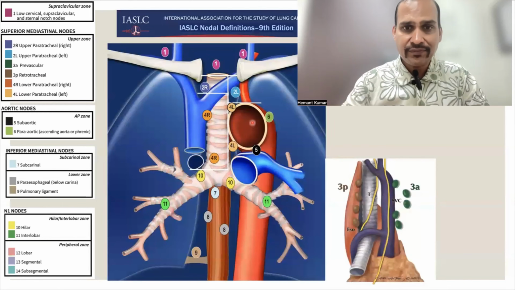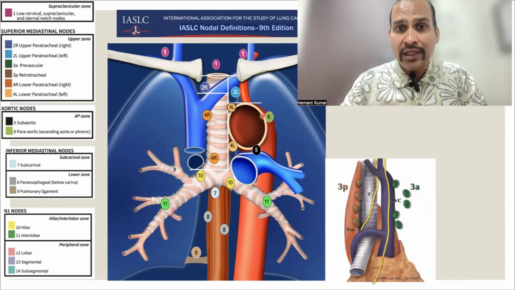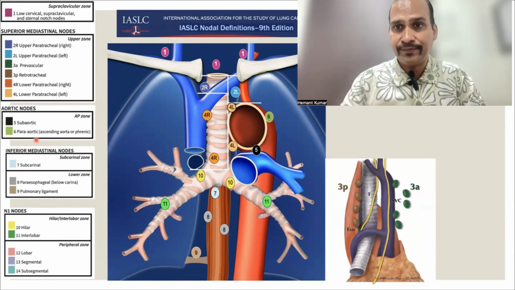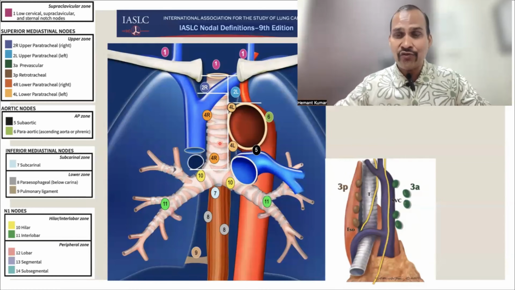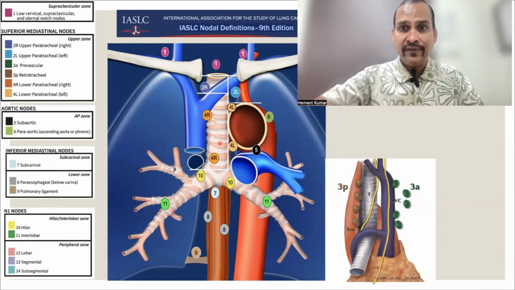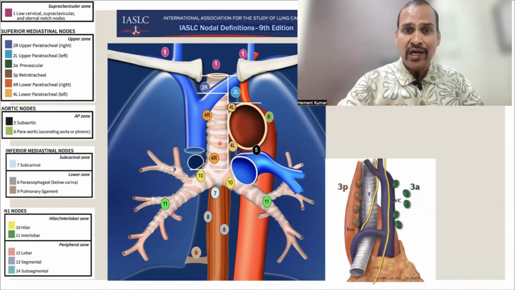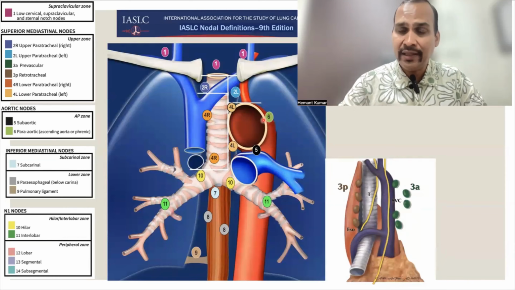How to see? So this is arch of aorta. So the lymph node along the aorta is lymph node station 6, also called para-aortic lymph node. Para-aortic means lymph node along the arch of aorta. In CT scan, if you find arch of aorta, then lymph node anterior to arch of aorta is station 6. Is that clear? Okay.